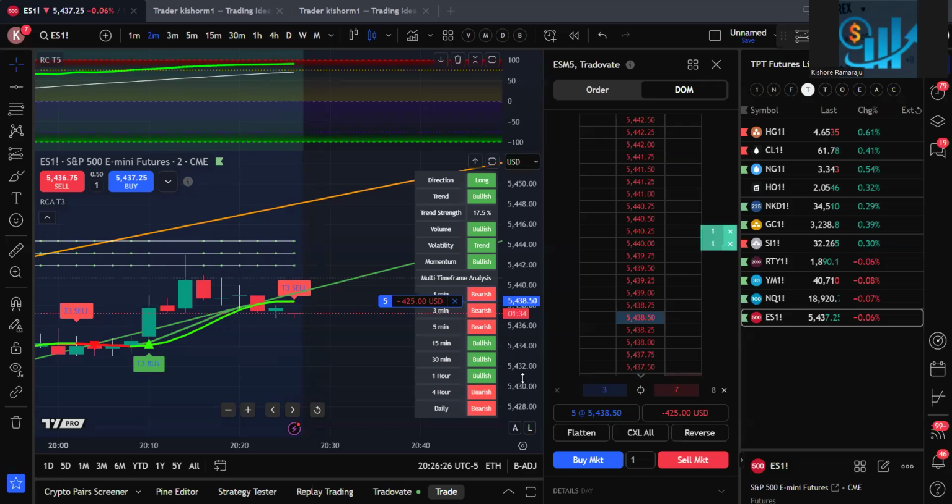Still, the candle did not close, so the T3 sell can disappear.